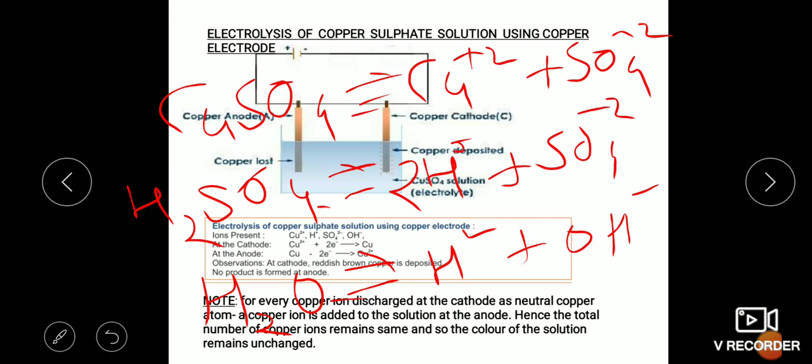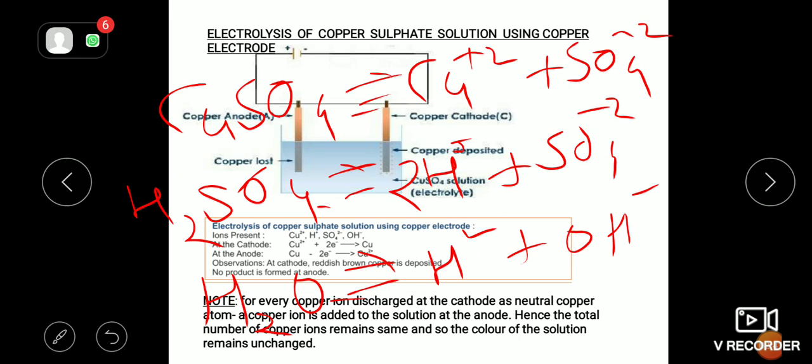Out of copper and hydrogen, copper will be deposited at the electrode. The reason being, copper is occupying a lower position than hydrogen in the electrochemical series, the series which we did in the last lecture. If you remember, potassium at the top and platinum at the bottom. The series was potassium, calcium, sodium, magnesium, aluminium, zinc, iron, nickel, lead, hydrogen, copper, silver, gold, platinum.